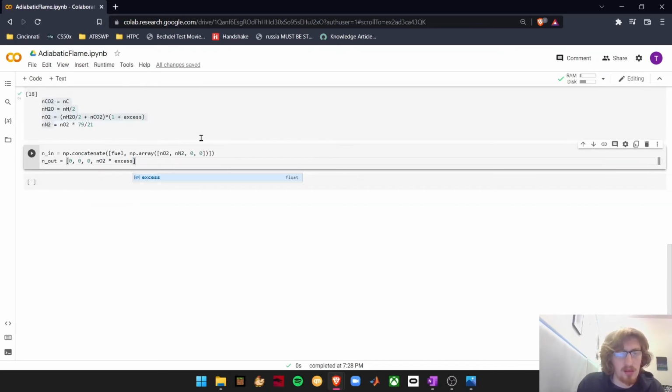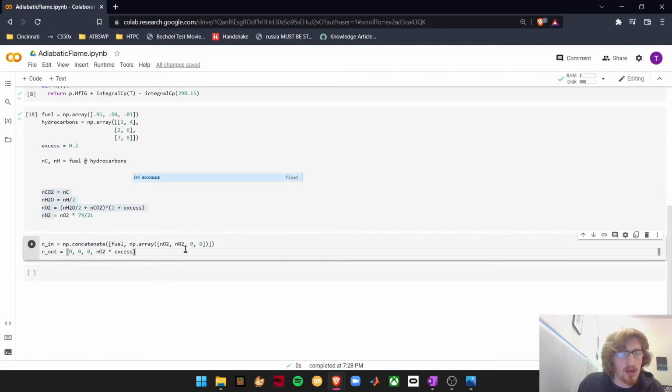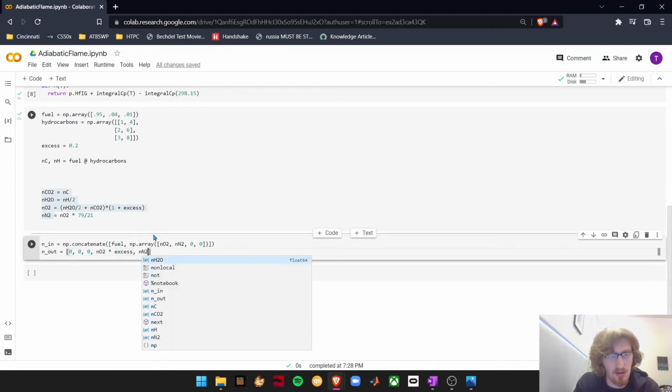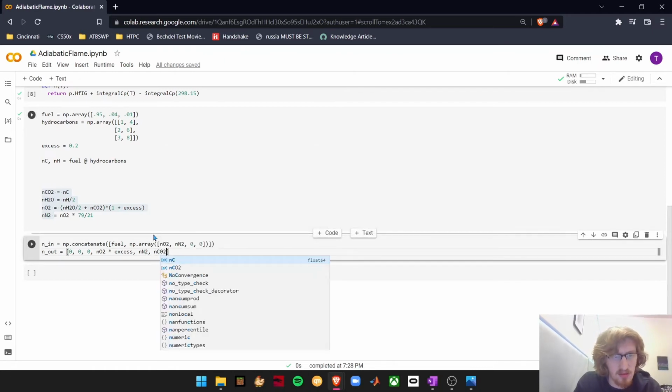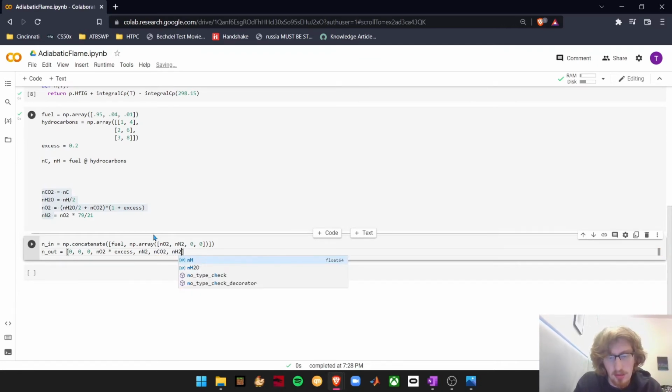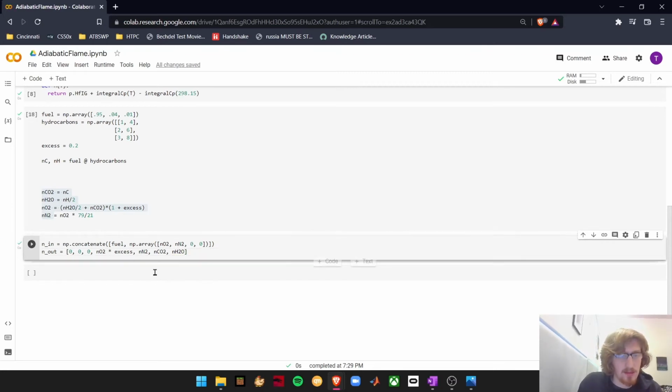I wrote that down correctly because the corresponding number of moles of oxygen is going to be consumed burning the hydrocarbons, but whatever's excess is going to be left out. And then, of course, none of the nitrogen is going to be consumed. And then we're going to be left with some CO2 and some H2O. So let's go ahead and check that.